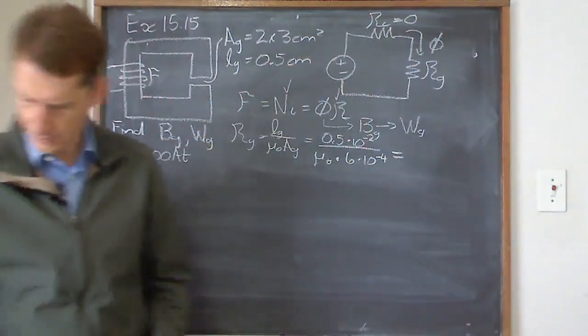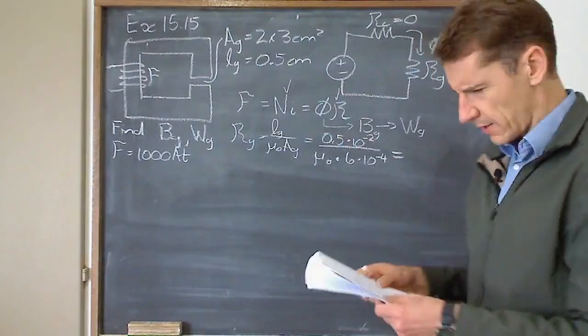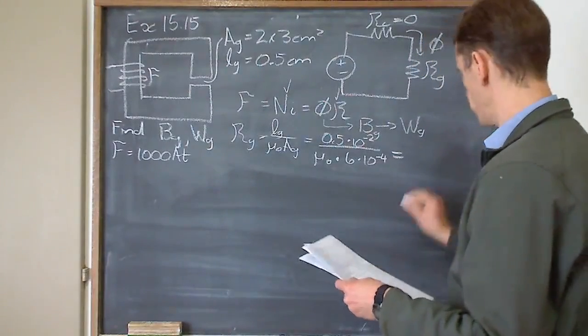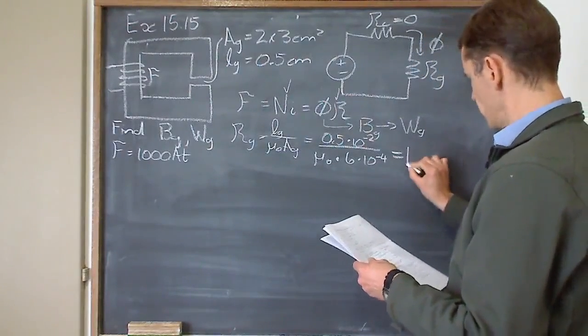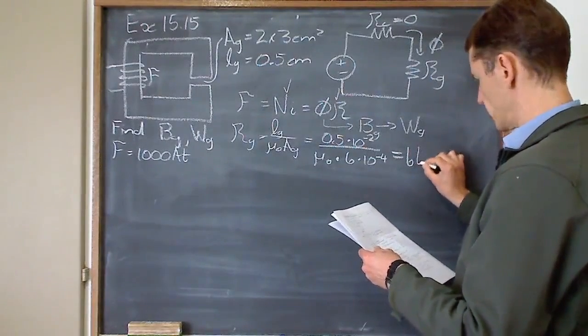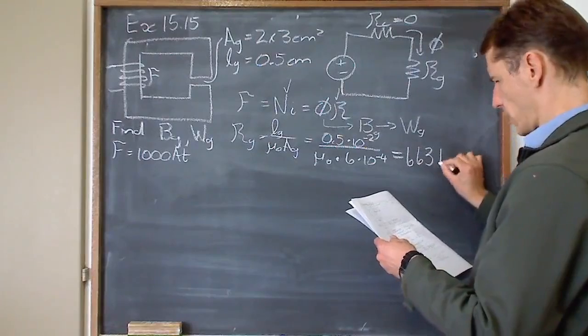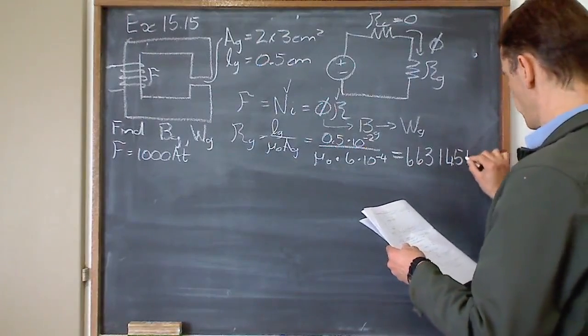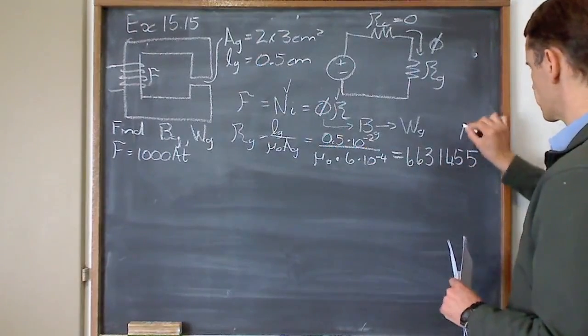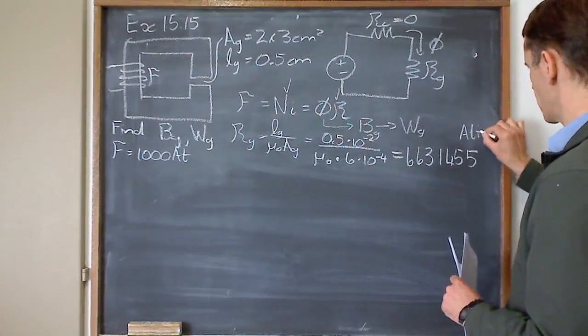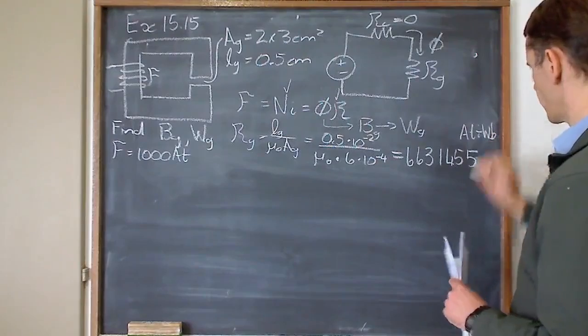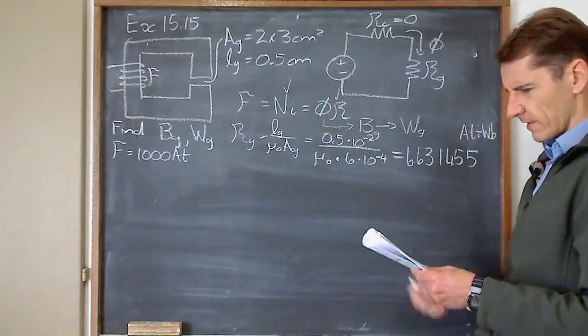And what did I get? I got a reluctance there of 6.3145 times 10 to the 6 ampere turns per Weber.